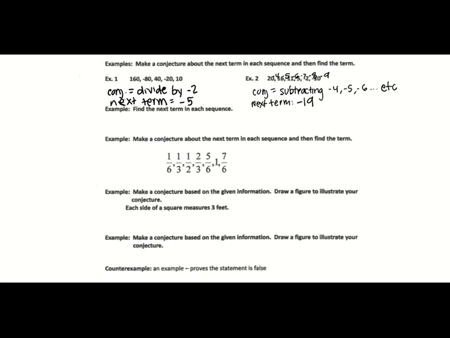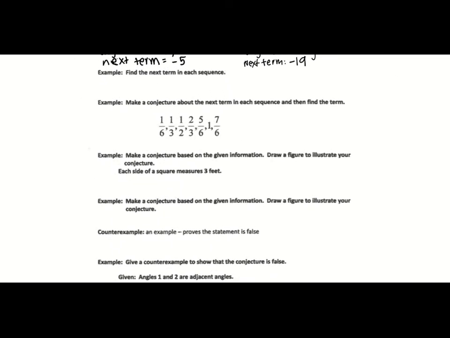Okay, in our next example, we can also have a sequence with shapes instead of numbers. So if I draw out a series of shapes. Here I have a triangle, a square, and a pentagon.